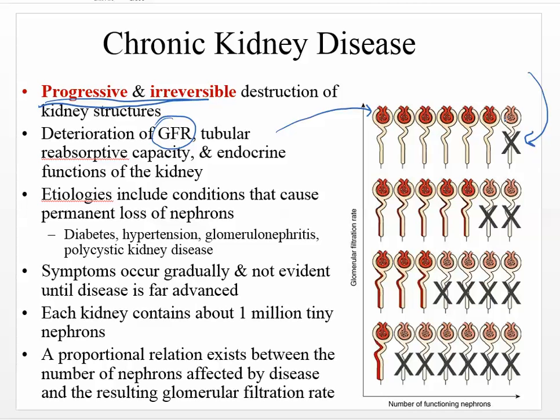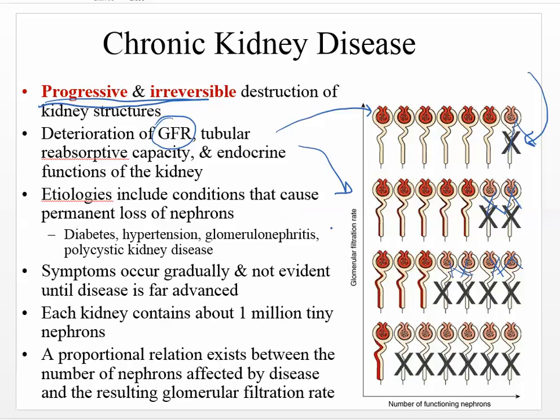Remember we had 1 million nephrons and they're going one by one, less and less and less. All of the things that they're supposed to be doing: the GFR, you have fewer nephrons, you're going to have lower GFR.